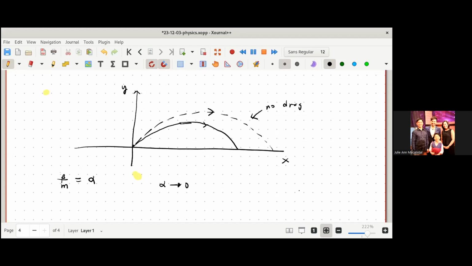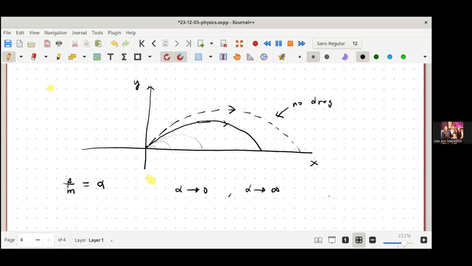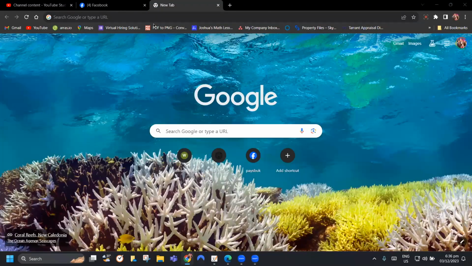And then dapat yung expectation natin as alpha goes to infinity, dapat sobrang laki ng drag, baka hindi na siya gumalaw. Okay? So yun lang, investigate mo using graph. Choose some values, for example alpha equals 0, alpha goes to infinity, or alpha large, or gawin mong slider.